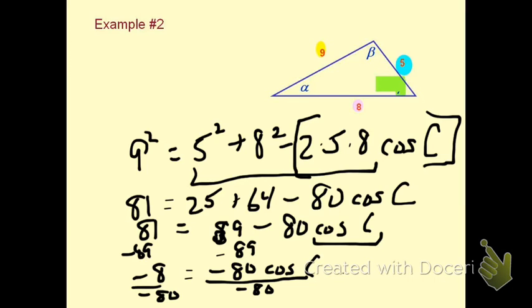So we end up with 0.1 equals cosine C. Okay, so now I'm going to go second cosine 0.1. Second cosine 0.1 gives me 84.26 degrees. We'll call it 84.3 degrees. Okay, so that's how we got that angle.